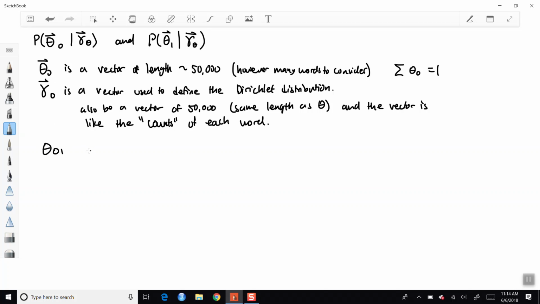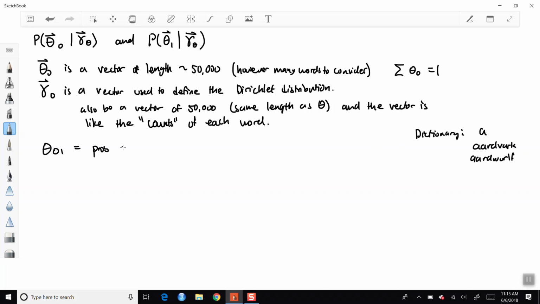Okay, so the first value, theta 0, 1, is going to be kind of like the probability. So let's say in our dictionary, I don't know what the words are, the first word in the dictionary will be A, and then maybe the next word will be aardvark, and then the next word is aardwolf, okay? Let's just say that.